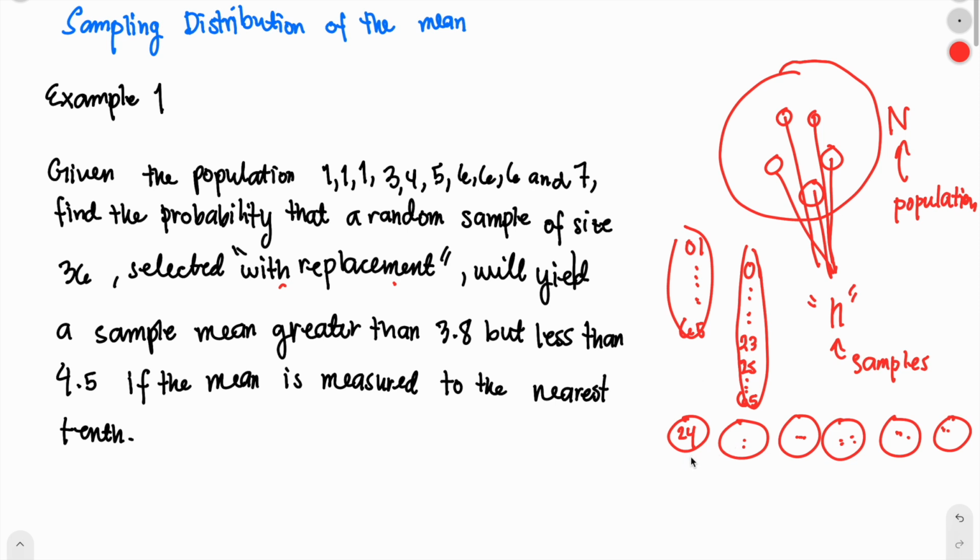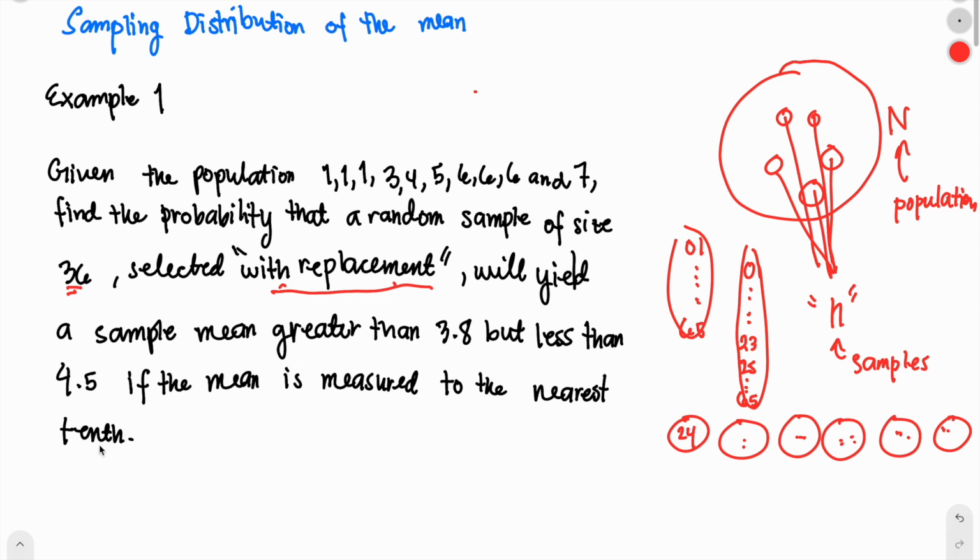occurring for that instance. So let's go ahead and analyze this problem here. It says: given the population 1, 1, 1, 3, 4, 5, 6, 6, 6, and 7, find the probability that a random sample of size 36 selected with replacement will yield a sample mean greater than 3.8 but less than 4.5 if the mean is measured to the nearest tenth.